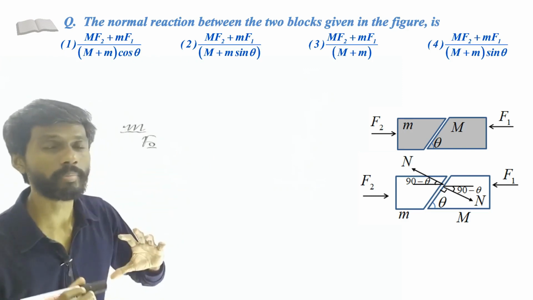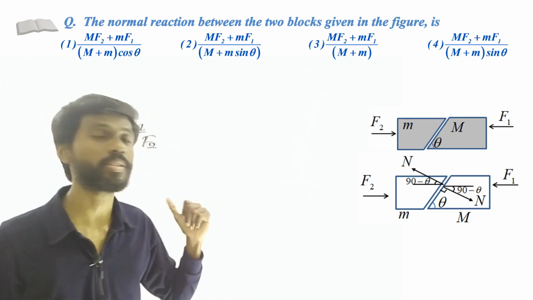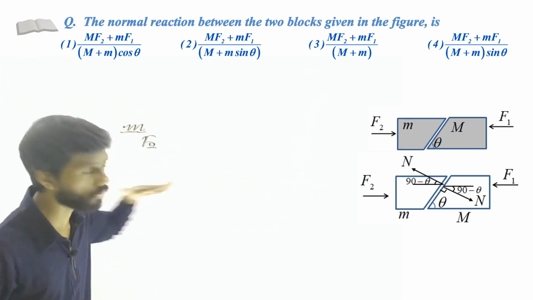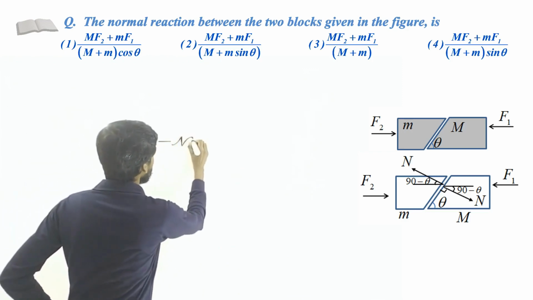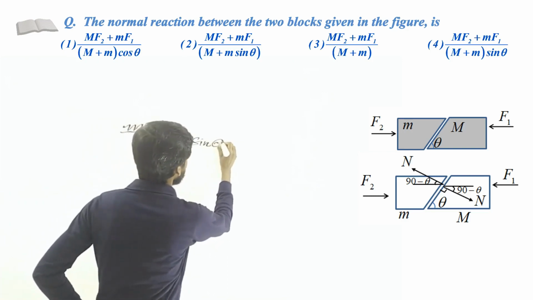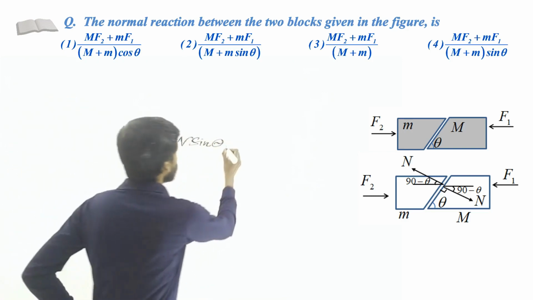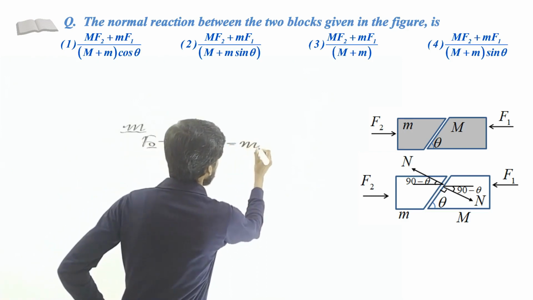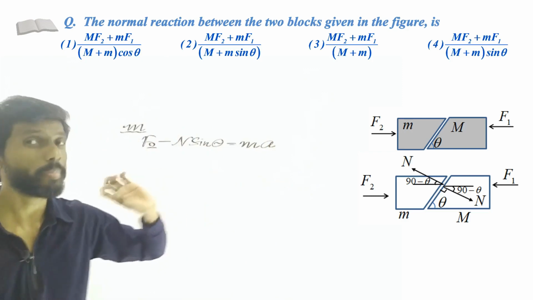N sin theta, because 90 minus theta is the angle, that means sin theta. N sin theta in the opposite direction, and F2 in the positive direction. So F2 minus N sin theta. This is the total force, and that must be equal to mass times acceleration. So this equals m multiplied by the acceleration, assuming this direction to be positive.